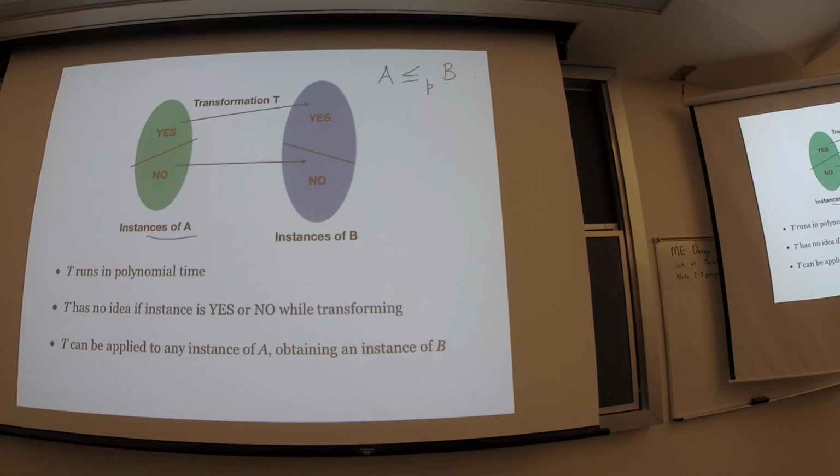Does this mean that when you transform instances of A to B, you're adding information to the instances of A? Or is it just modifying it in such a way that it works with B?